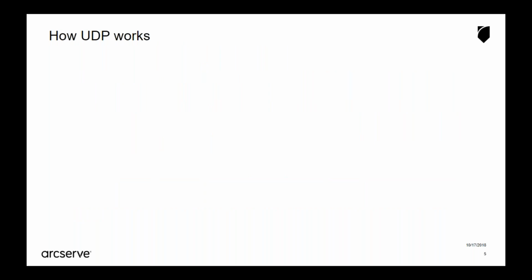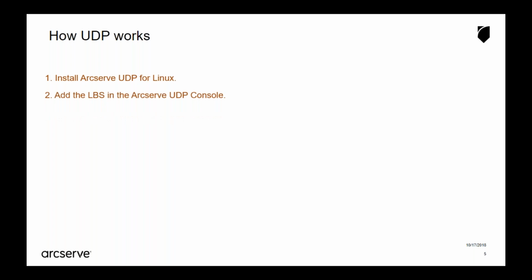Coming forward to how UDP works, it's a simple 7 procedures, 7 lines we have here. The first step would be to install UDP for Linux. Then we have to add the Linux backup server to the Arcserve UDP console.